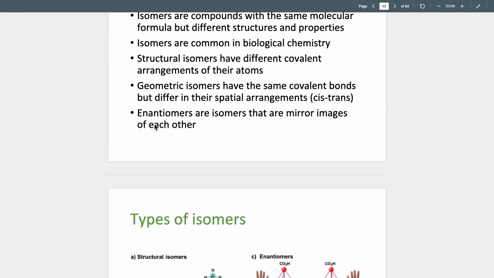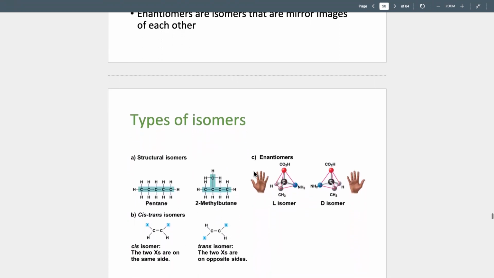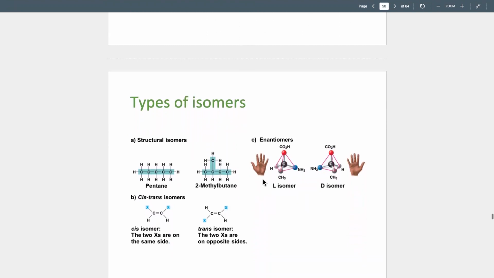All right. So, what are enantiomers? They're isomers that are mirror images of each other, non-superimposable mirror images. So you can think of your hand for enantiomers. Basically, if you were to look at your hands and you hold them facing each other, the thumbs are going to be pointed back at you. Like if you put your palms together, your thumbs are both pointing back at you.